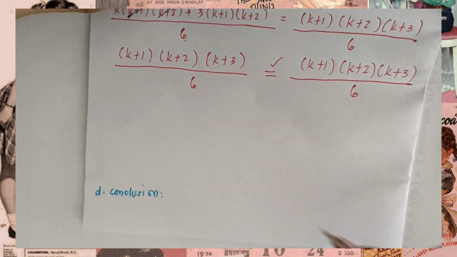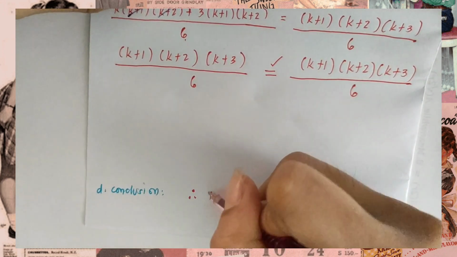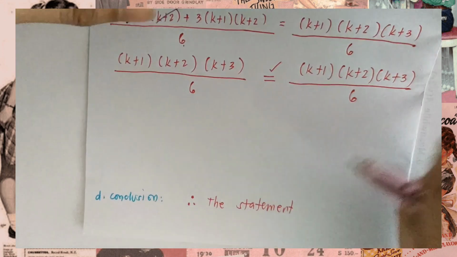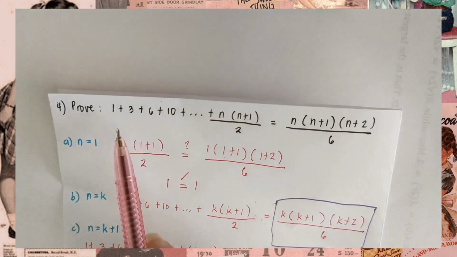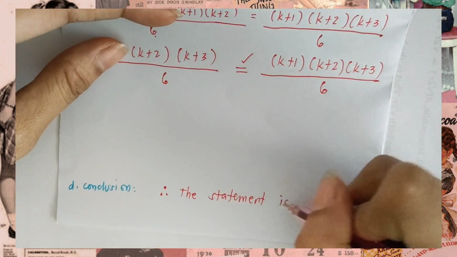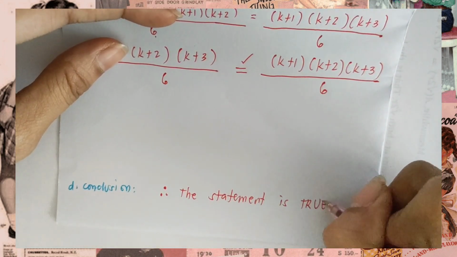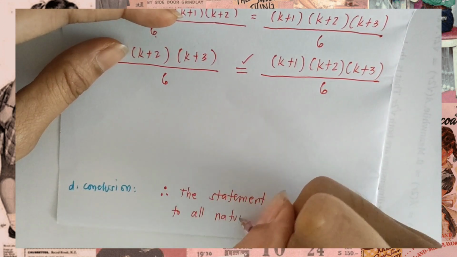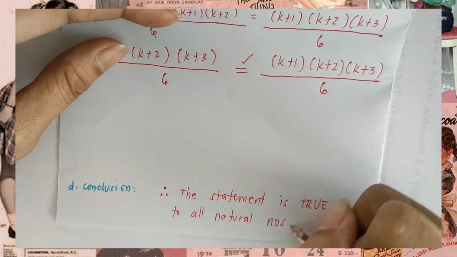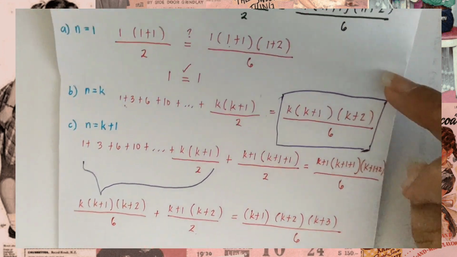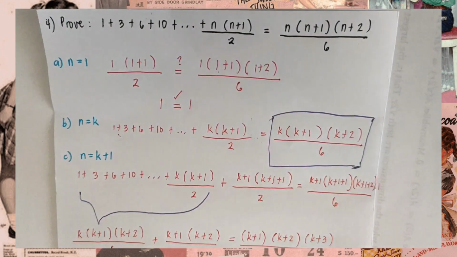And for our conclusion, we have, therefore, the statement, you can copy the given here, the statement is true to all natural numbers n. That is how to solve and prove our fourth example.